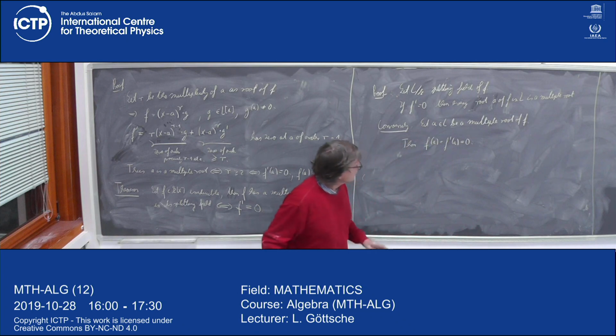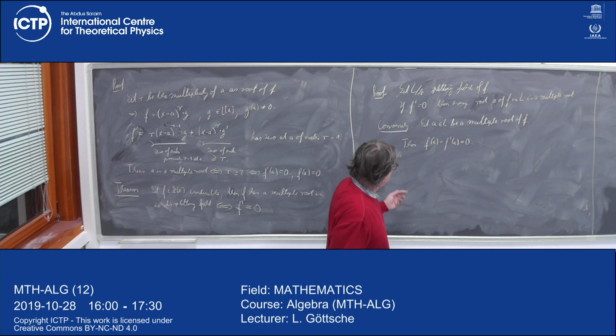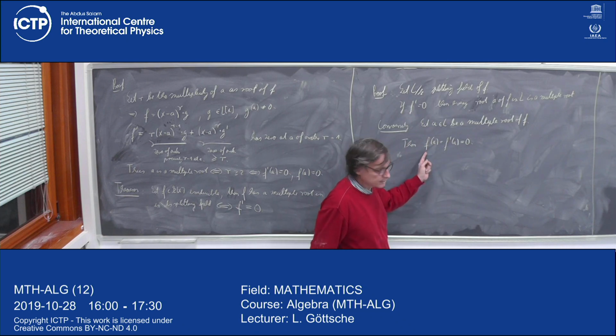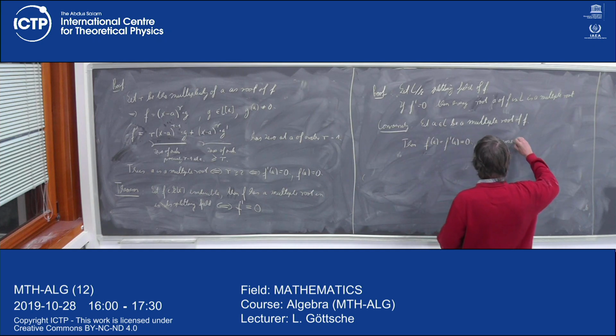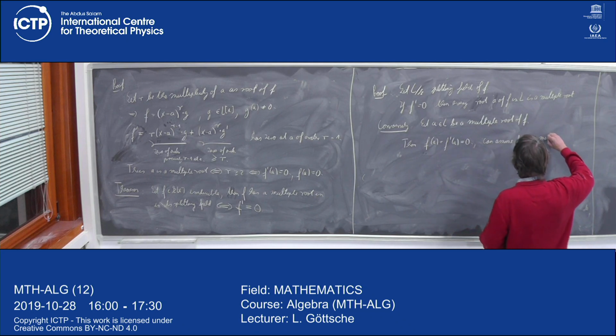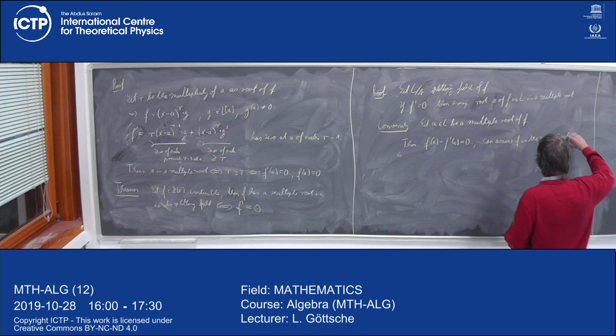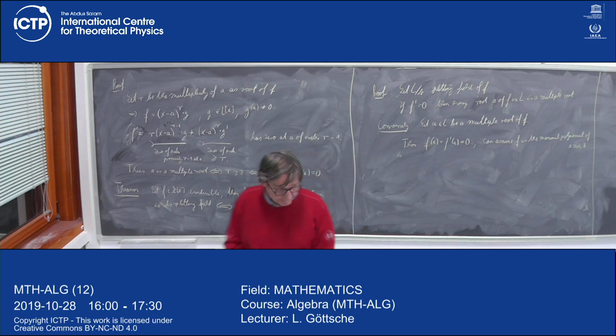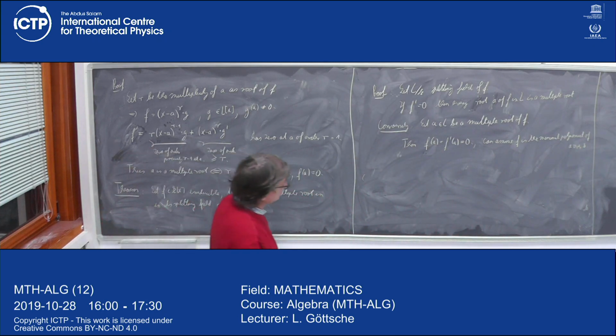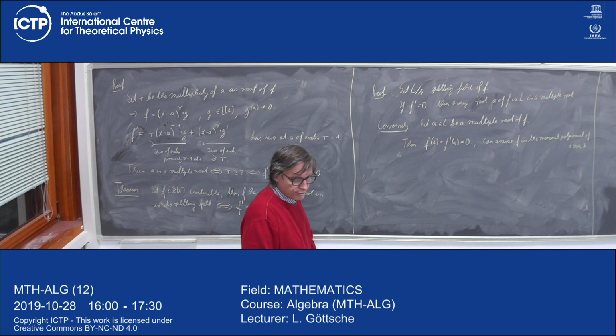But f is irreducible, so up to multiplying by a constant in K, it's just the minimum polynomial of A. The whole question is not changed by multiplying f by a non-zero constant, so we can assume f is monic, the minimum polynomial of A over K. That means it's a monic irreducible polynomial which vanishes at A, and it generates the ideal of all polynomials which vanish in A.